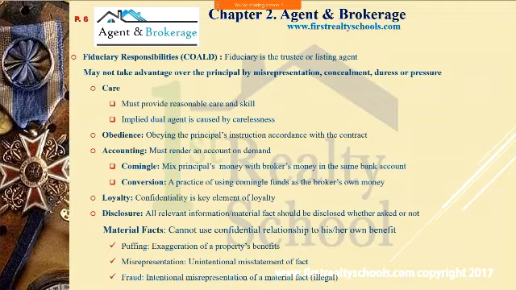Okay, the second thing I'd like to mention is what we call implied dual agency. Another word for dual agent is in-house sale.